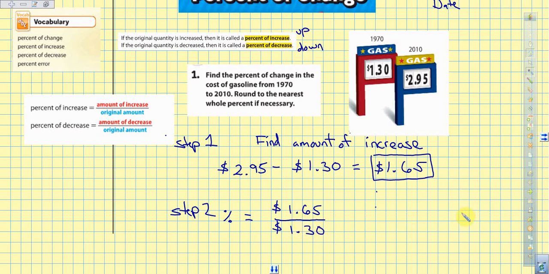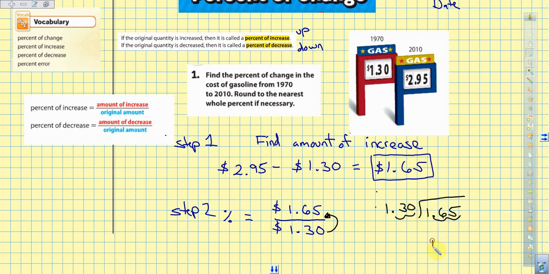In order to do that, we're really just going to divide. So I'm going to set this up for you. It's going to be $1.65 divided by $1.30. I'm going to help you with some basics of division. I'm not going to go through the whole thing, but I am going to set it up for you. You're going to move that decimal over twice.